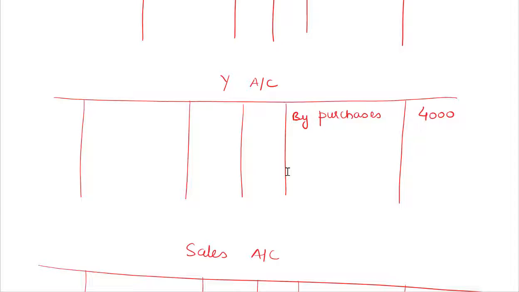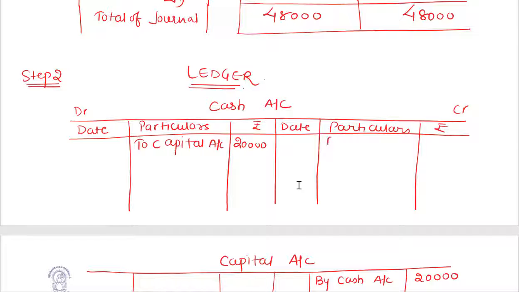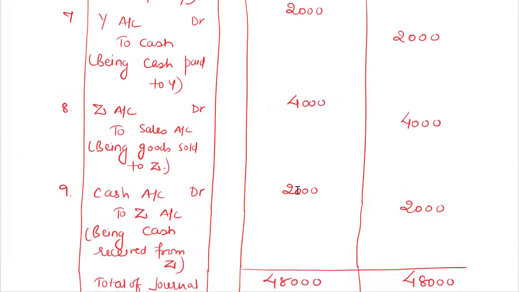In Y account we will write to cash. The amount is 2000, and in cash account we will write by Y 2000. I believe it is clear.